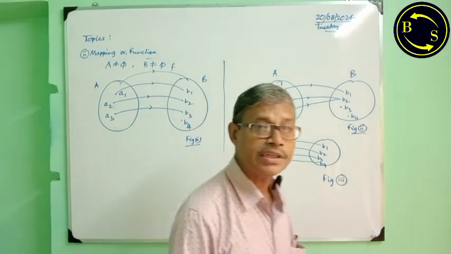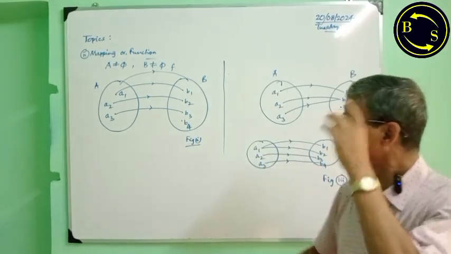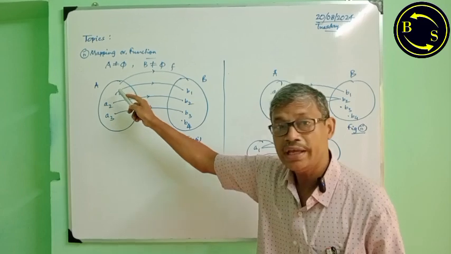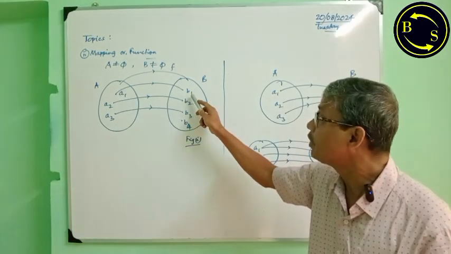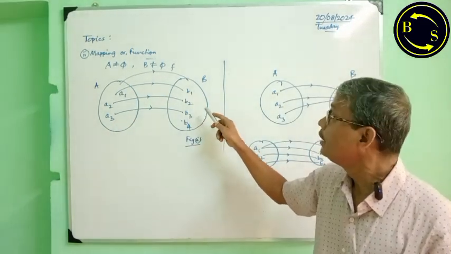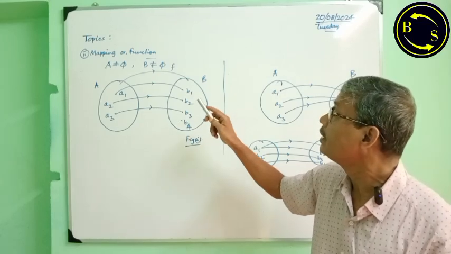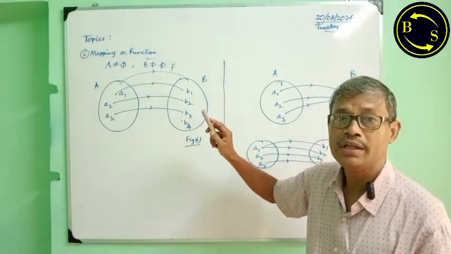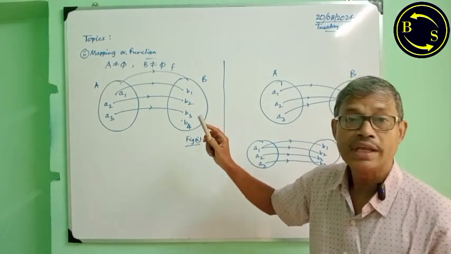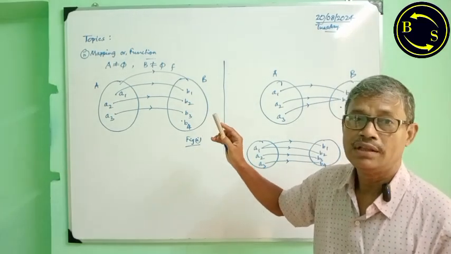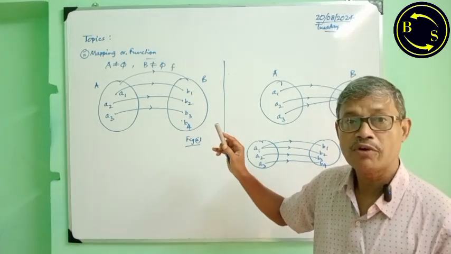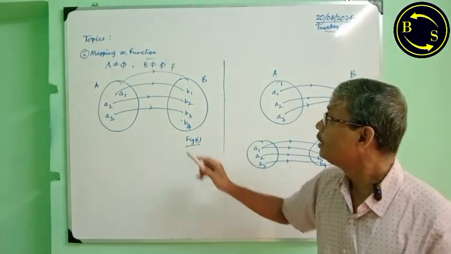Actually, that is function, initial letter of function, which associates every member of set A to a unique member of set B. In that case, we say that rule or condition or property or correspondence is a mapping. That means a mapping is a special type of relation.